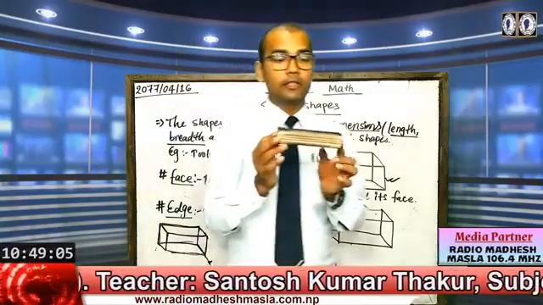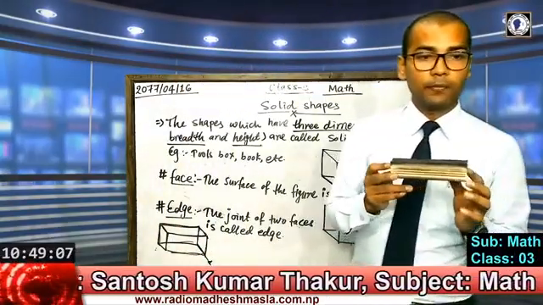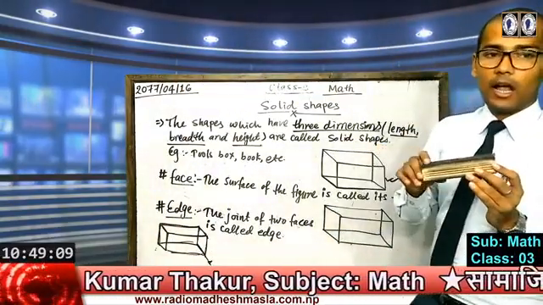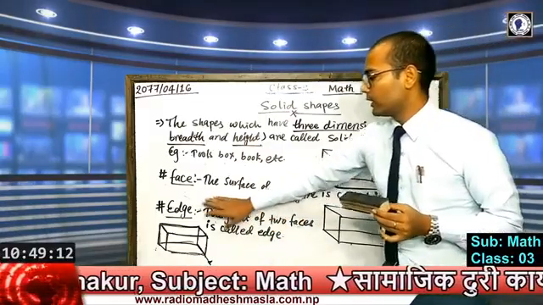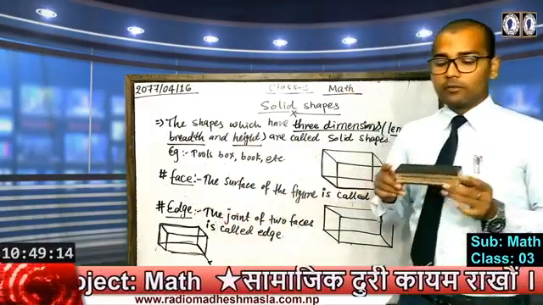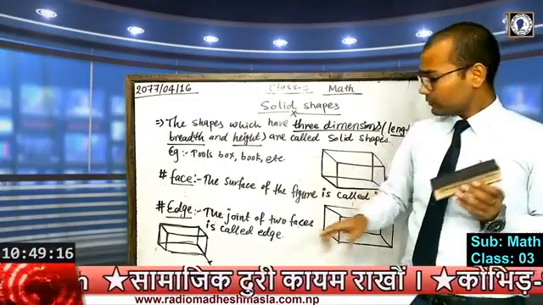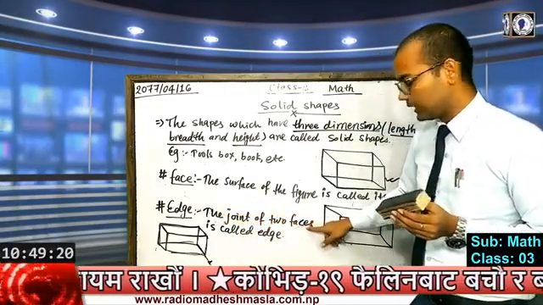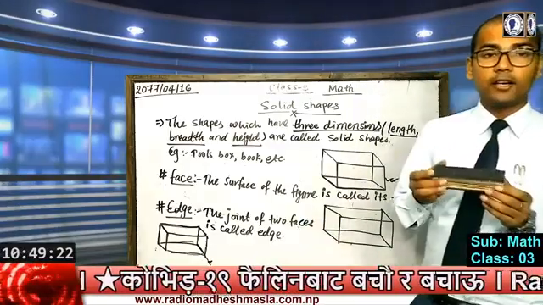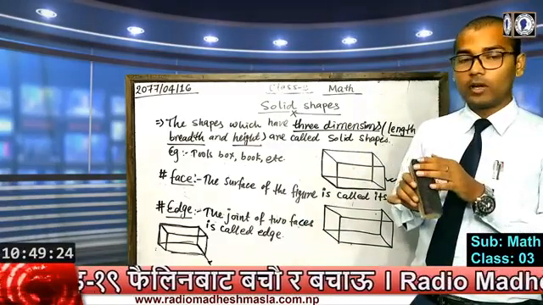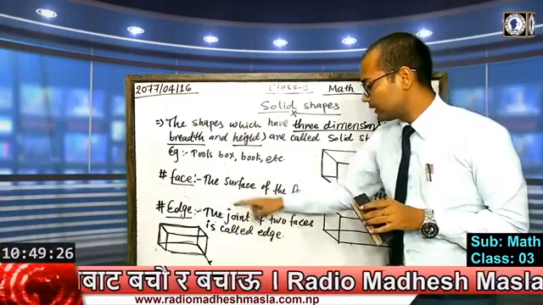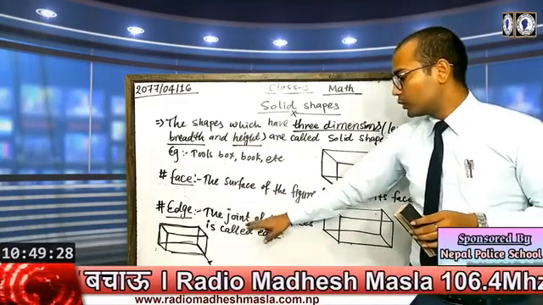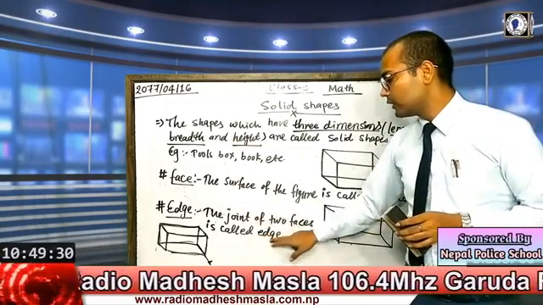So we can take an example of our duster. If we talk about the duster, there is the definition: the joint of 2 faces is an edge. So first we need to identify the faces, because the joint of 2 faces is the edge.